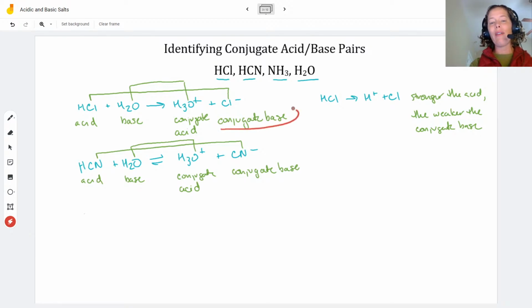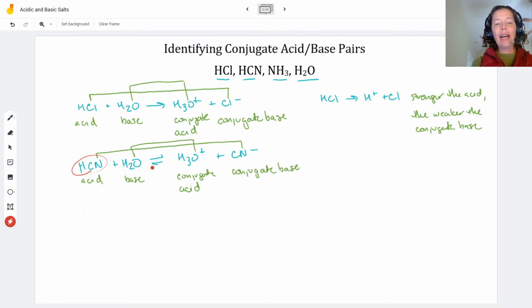So this is a very, very weak conjugate base. And what we would say is it does not have any acid-base properties because, again, there is no reverse reaction here. The chloride ion cannot put this reaction in reverse to go back and form its conjugate acid, which is hydrochloric acid.